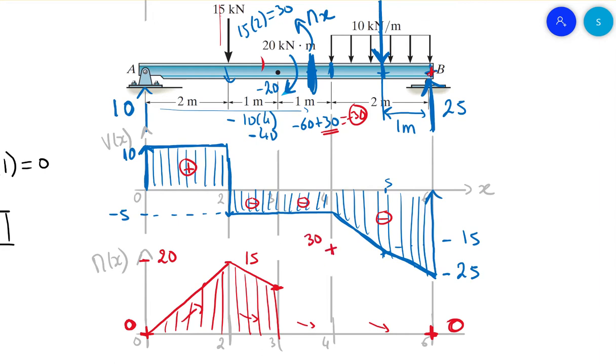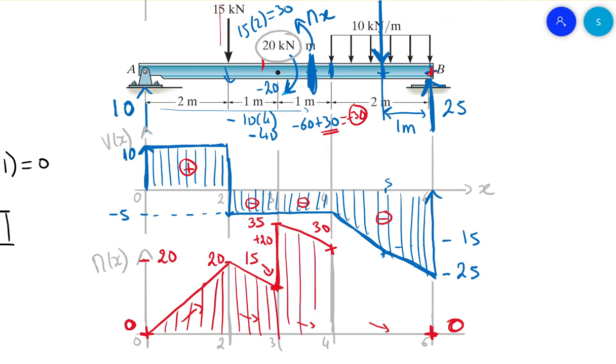At this point, we have a 20 kilonewton gap. So this is 20, this is 15, and I need to increase by plus 20. So I should go up to 35, and now go down to 30.